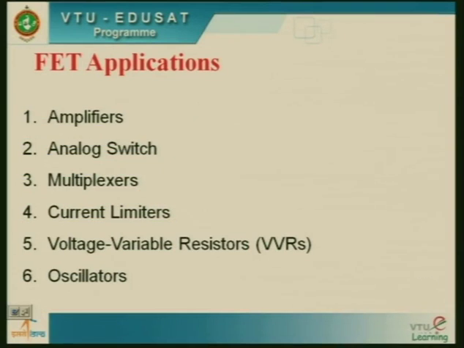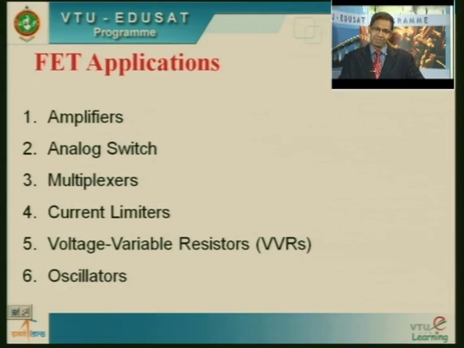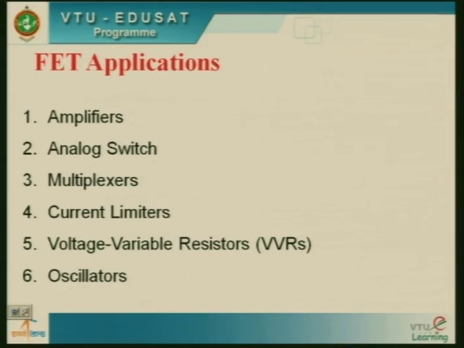We start with the amplifiers, move on to analog switch, multiplexers, current limiters, voltage variable resistors, and finally oscillators. Now there are many terms here which may not be known well to you, which are essentially covered in what we call the digital portion of this particular course. But still, let's try our best to understand what these mean and then see the example.